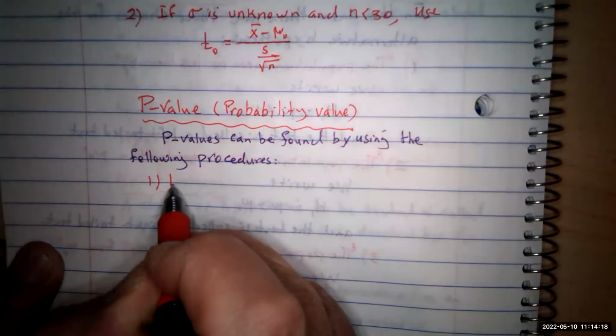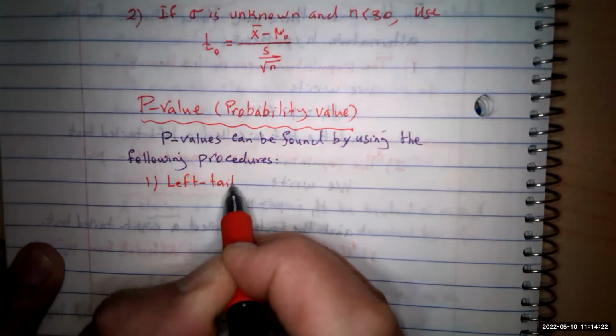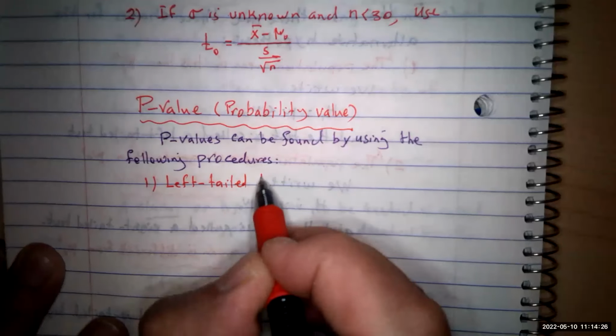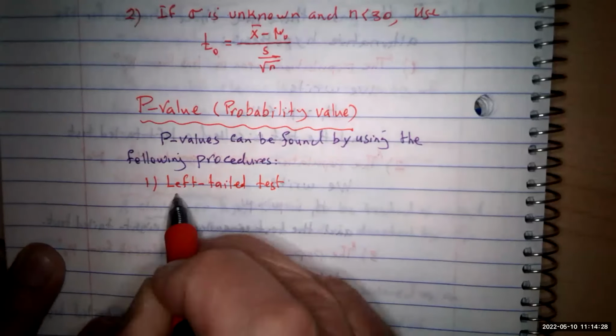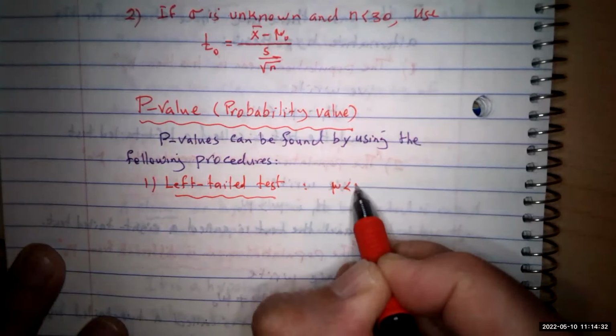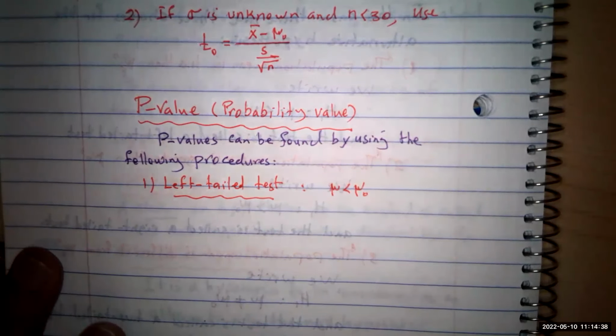If you have a left tail test, that's why I just described them, remember the left tail means you have mu less than mu naught. So we can use the same procedure that we did for the confidence interval. You change this into Z less than Z naught.